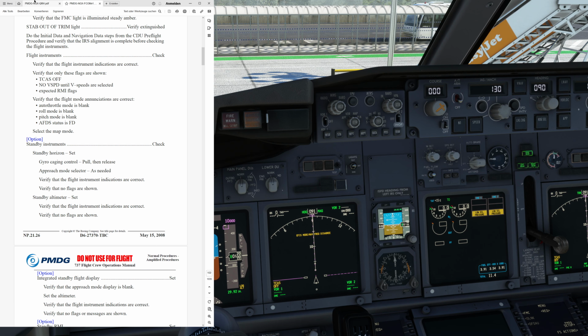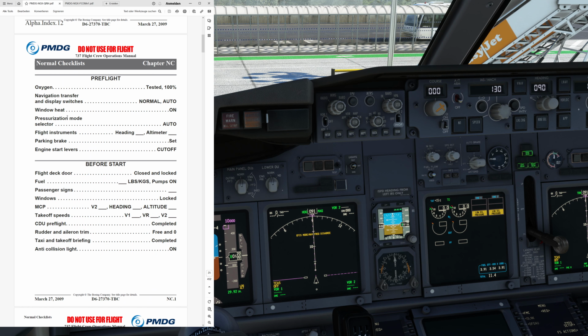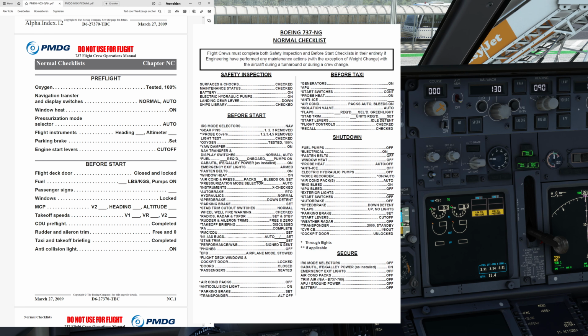Otherwise, if you're looking for abnormal procedures, you can always go into the QRH, where you have the normal checklist as well. Now, there are different forms of normal checklists available for the Boeing 737. For example, this is what it looked like at my former operator, and the left side is what the original Boeing side looks like. So you can see that operators are customizing their checklists, and there are many reasons for why they do it. For example, on the right hand side there on the checklist you see there's a lot more items included.